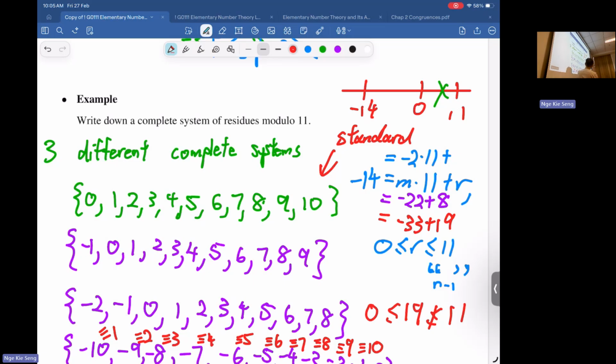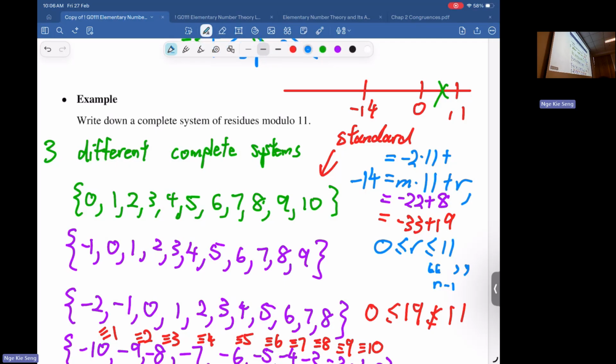So the point here is you can always find a number such that it is this close, 0 to 11, to negative 14. Another convenient way to think about this is to split your number line into multiples of 11.